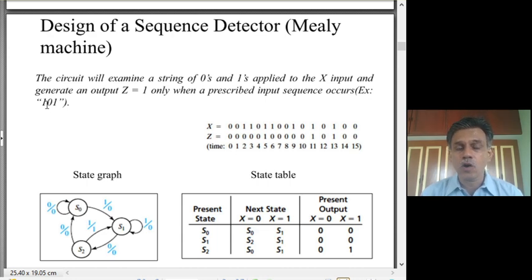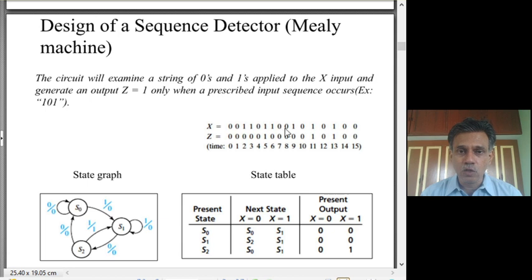If a 0 is followed by a 1, it has to further remember that it is the second bit of a possible pattern. Why possible? Because the last bit has not yet come. We don't know whether the pattern is complete or not. So that is what the machine has to remember. That is what we call the state.